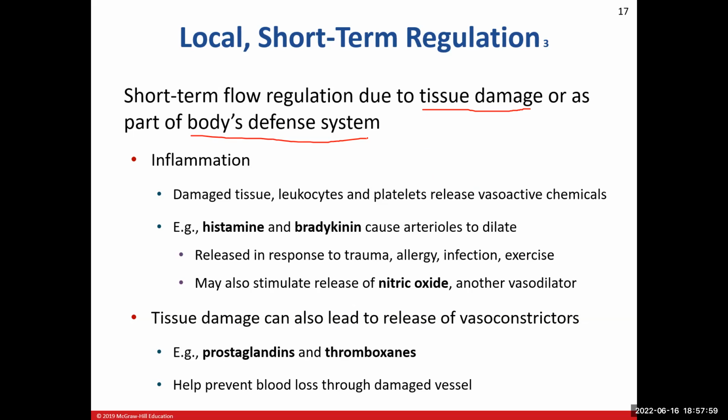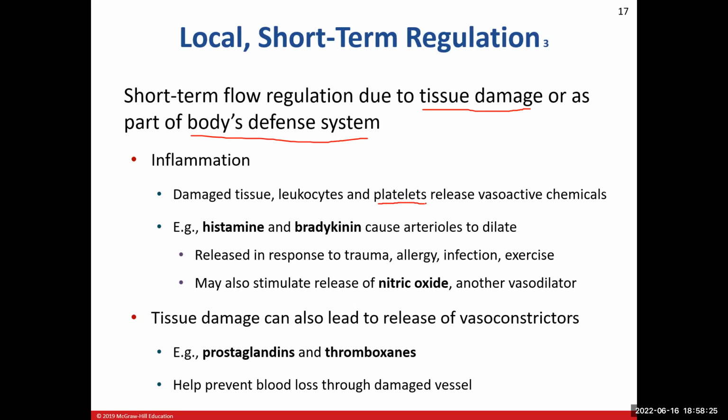So with inflammation, we'll have damaged tissue. We'll have our white blood cells, our leukocytes, and we'll also have platelets there because if you did cut yourself and you cut a blood vessel, we've got to stop the flow of blood. So we'll see two important chemicals, histamine and bradykinin. Histamine we've talked about with mast cells, and also we briefly talked about it with the eosinophils.